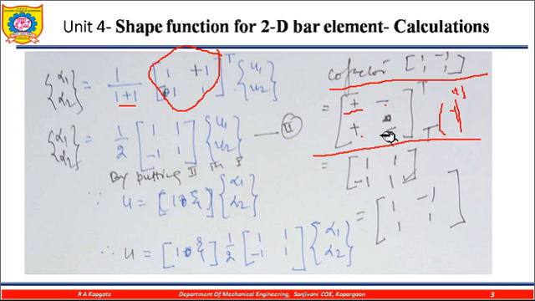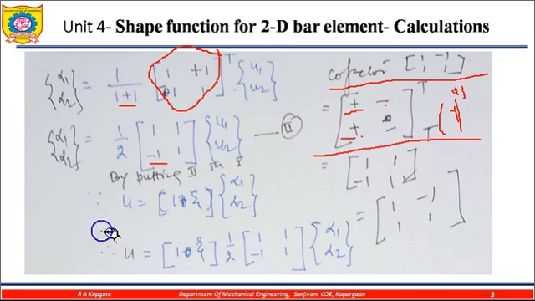Actually the pattern is as such, but this one is vice versa, so this is plus, this is minus. So this one is 1 1 minus 1 minus 1, and according to that we solve this.